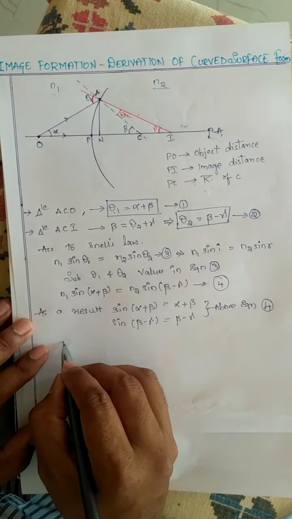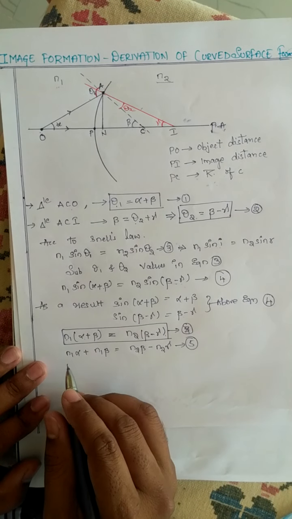Multiplying through, it becomes n1 alpha plus n1 beta is equal to n2 beta minus n2 gamma. So name it as equation number 5 only.